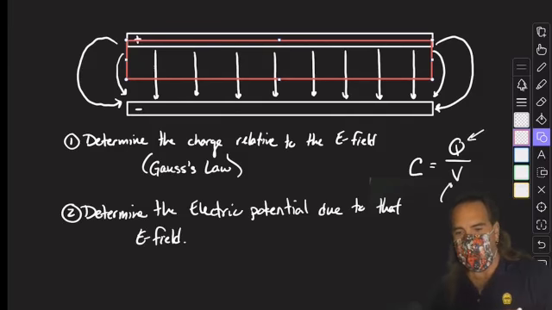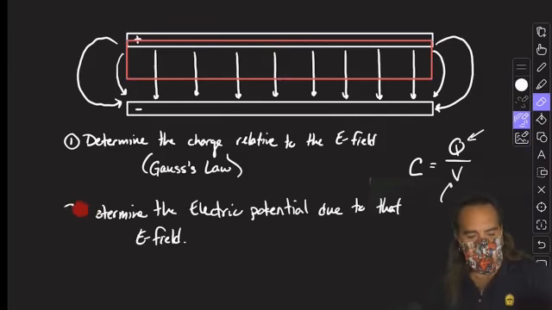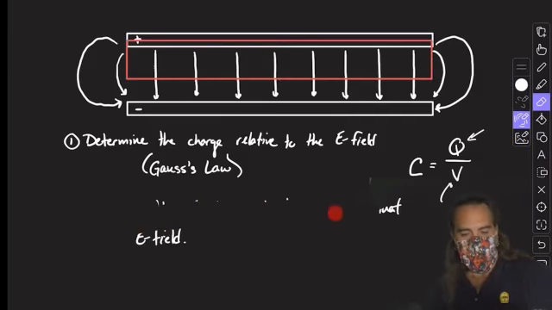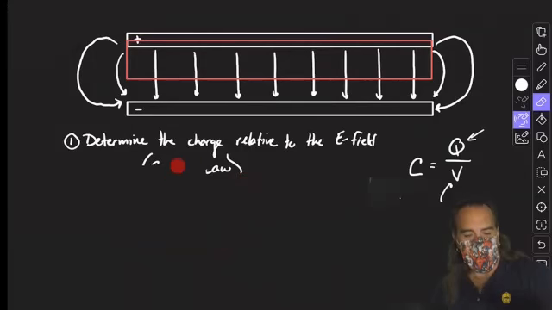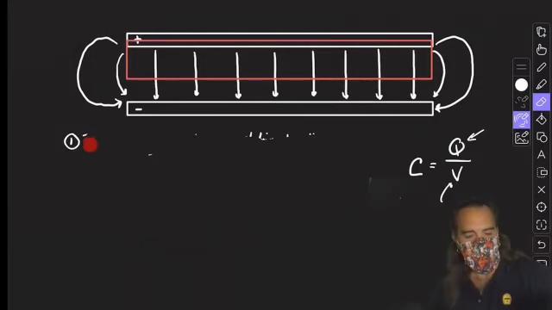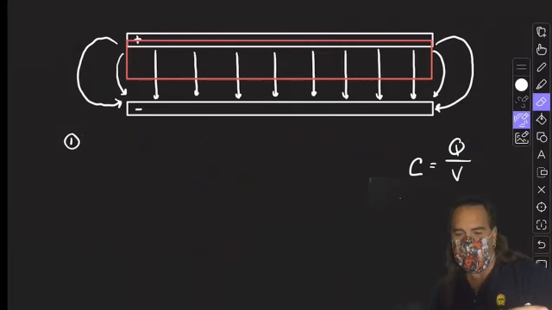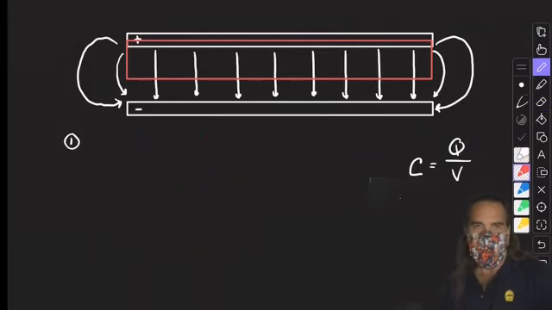Okay. So we're going to do step 1 first. We're going to use Gauss's law to determine the electric field and the charge in terms of that field. Now, this is actually super ridiculous, and I'm going super, super slow. But when you see what the answer is, you're just going to go, so.